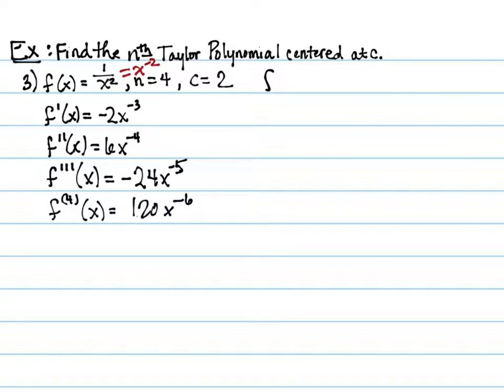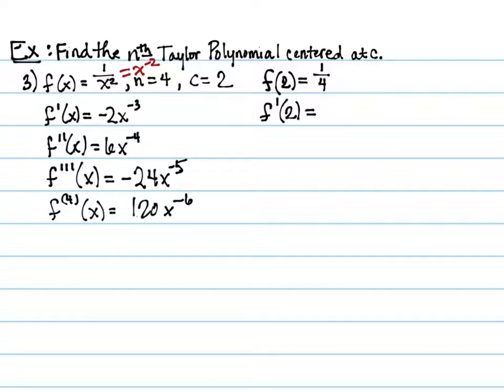And we're evaluating these at what value? 2 this time, right? Because it's a Taylor series centered at 2. The first one's not too bad. If I plugged in the number 2 here, what would I get? Right, which would be 1/4. 2 to the negative 2 would be 1 over 4. And to save us a little bit of time, let me just let you know, if you plug these into your calculator and turn them back into fractions, this is what they give you.